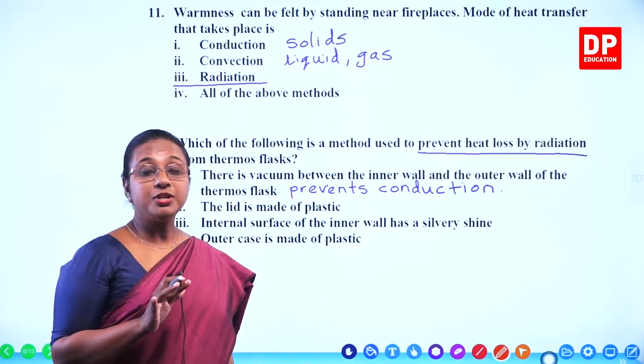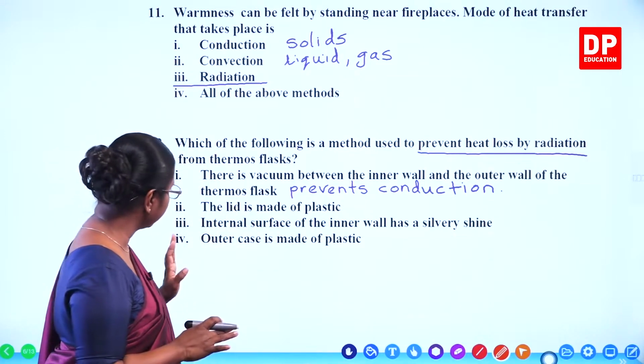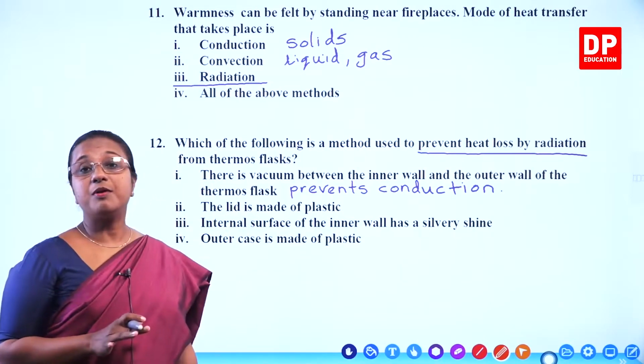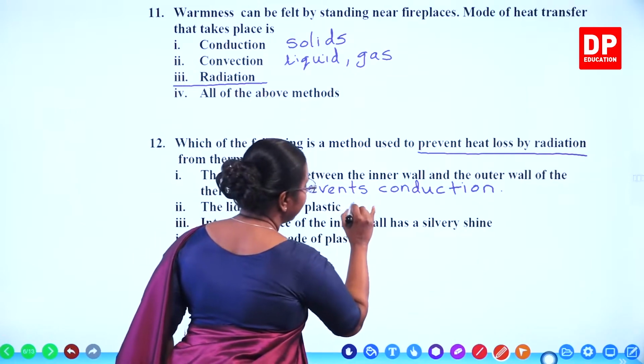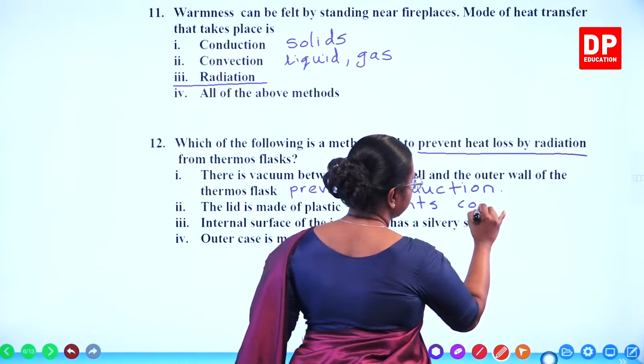For conduction to take place, there should be a medium. So if it is a vacuum, conduction will not take place. The lid is made up of plastic. This prevents convection.